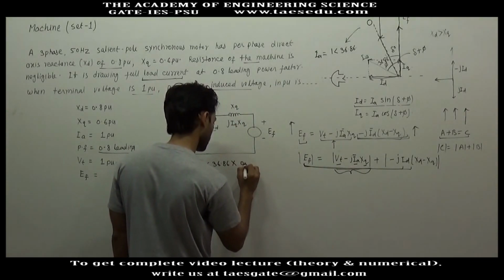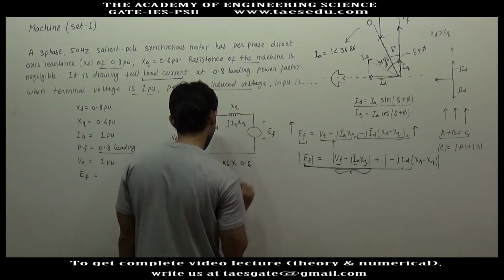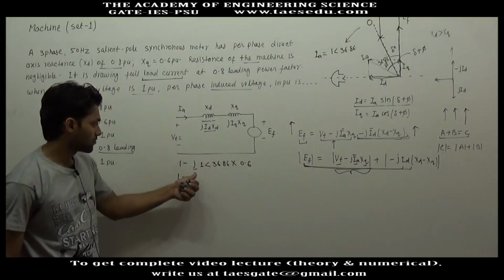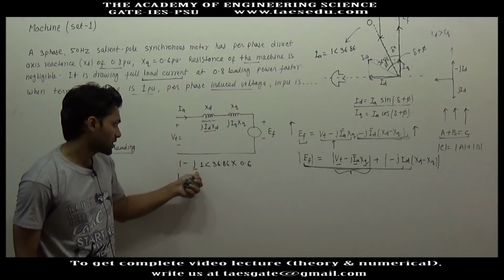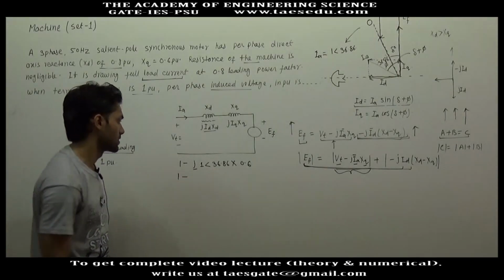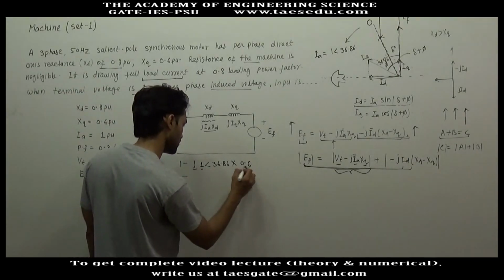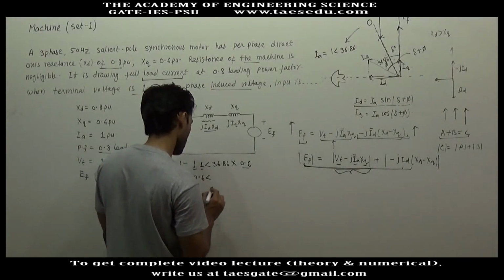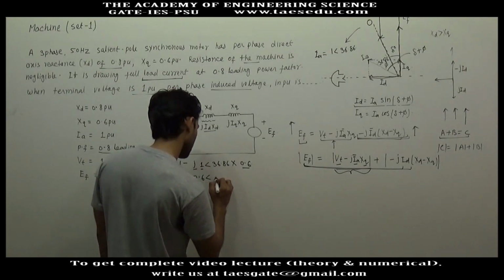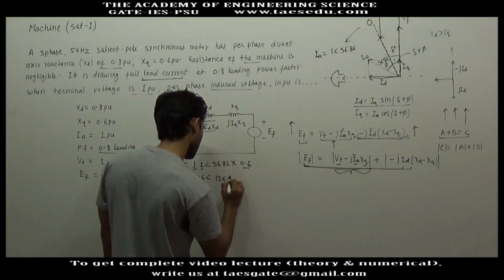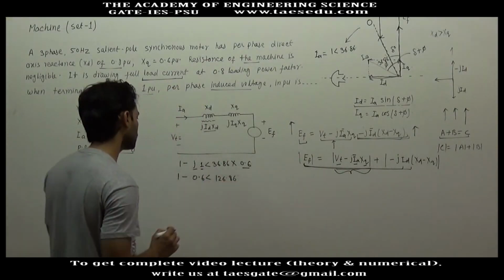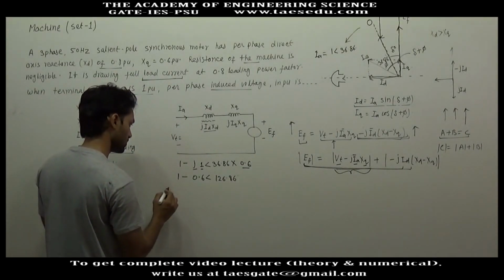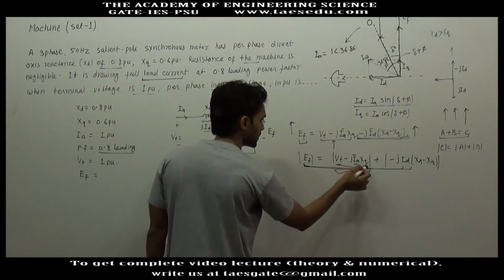Xq is 0.6. This will be 1 minus, what is angle of j? Angle of j is 90 degree. So this 90 degree will be added to 36.86, and 1 will be multiplied with 0.6. So we have 0.6 angle 90 plus this, 126.86 degree. Okay, so this is the value of Vt minus jIaXq.